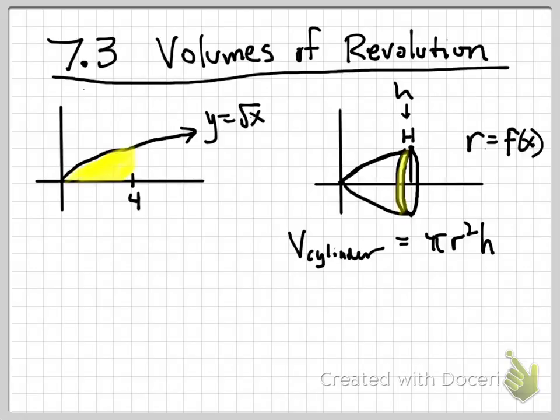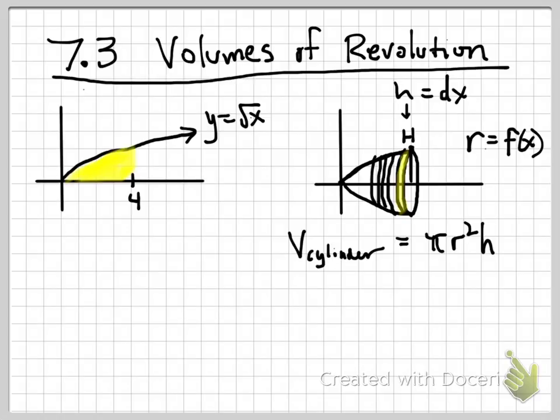And we really want to look at minimizing that and creating as small of height discs, cylinders, as possible, and then stacking them on top of one another so we can create the volume of this shape. And we want to minimize those intervals to be as small as possible. And when we look at very small widths underneath a curve, what are we really referring to? We're referring to dx.